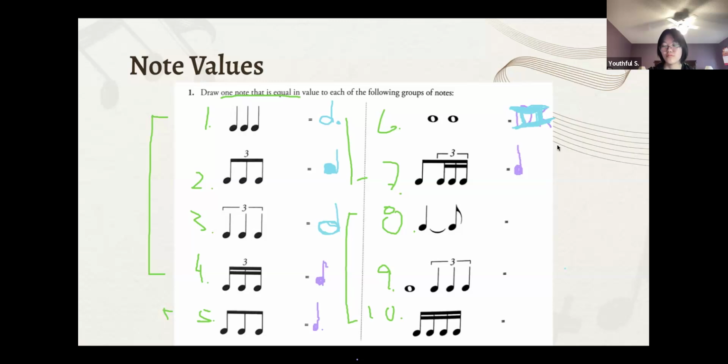If it doesn't work, then you can also just message the type of note. So just write half note or whatever.